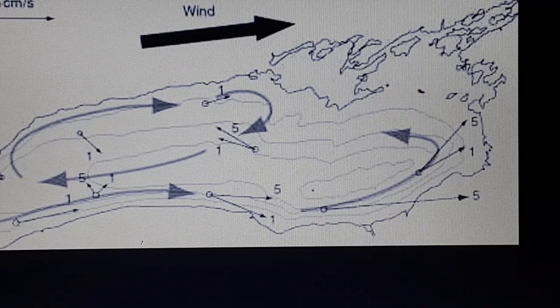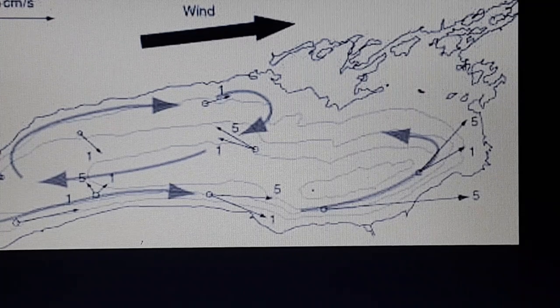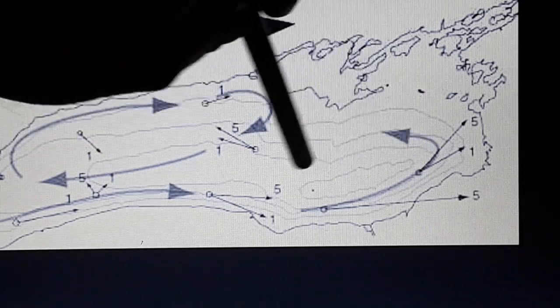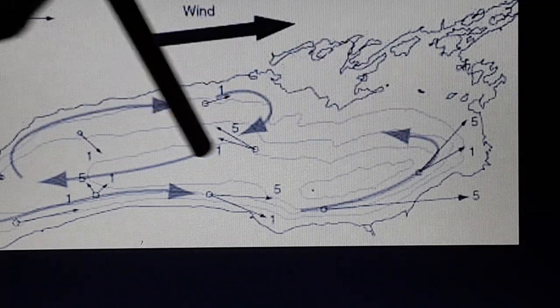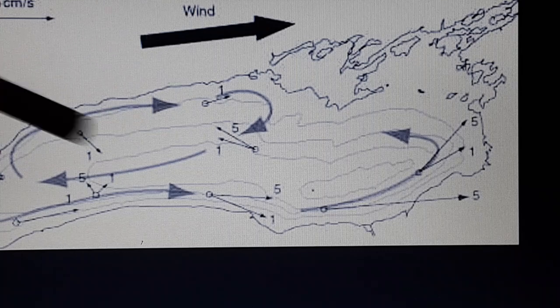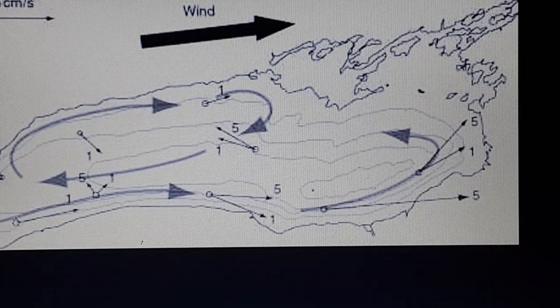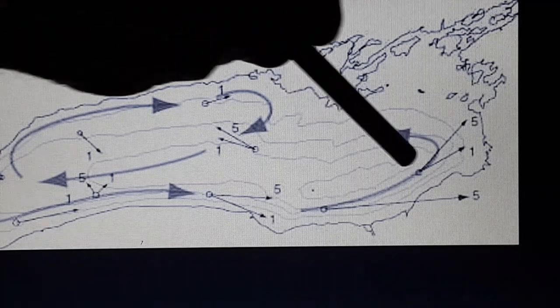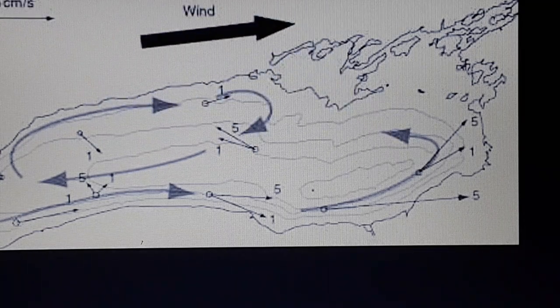Where they would have ended up, looking at a current map like this. I've read that sometimes these currents can switch and go the opposite direction, but this is the accepted one, and this is from a well-known boat navigation site for the Great Lakes, a reputable website. This is what it shows for anybody who has a boat going into Lake Ontario. This is what this website thinks boat owners need to know.